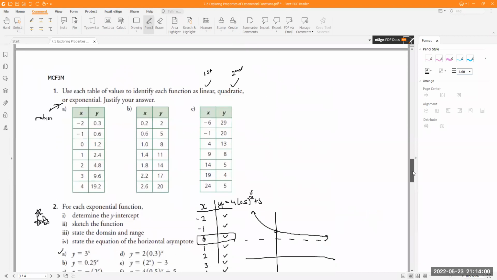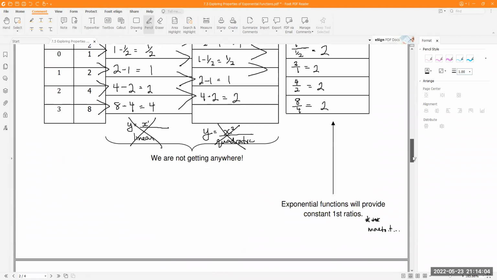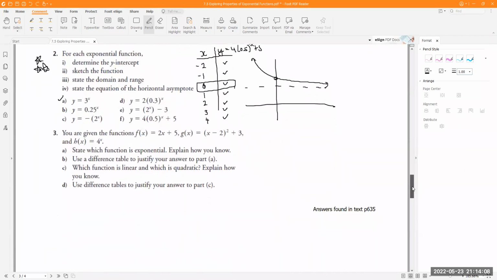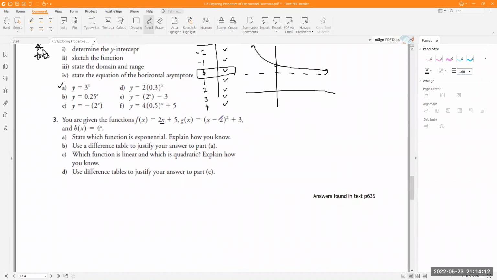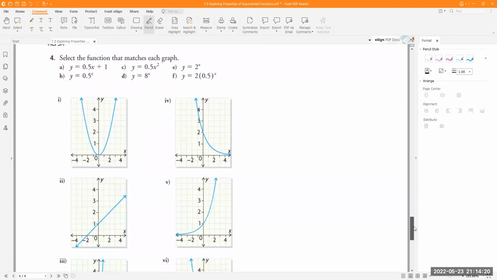Try number 1 because that gets you to practice your first difference, second difference, and first ratio. And if you are feeling more inclined, we have number 3, which gets you to look at a linear, a quadratic, and then an exponential, then comparing and contrasting. And then comes number 4, which is your final test.